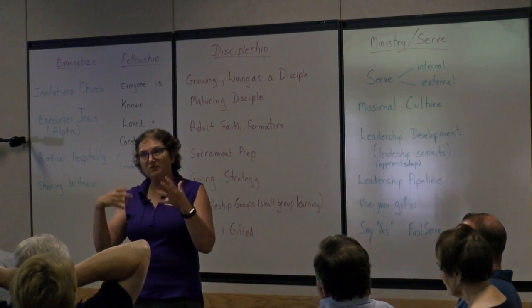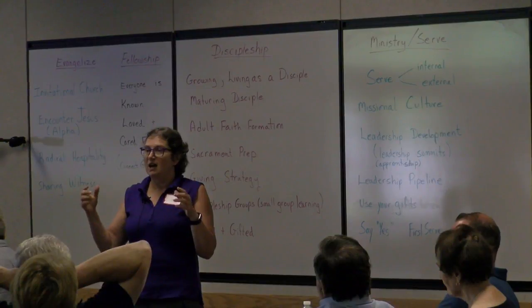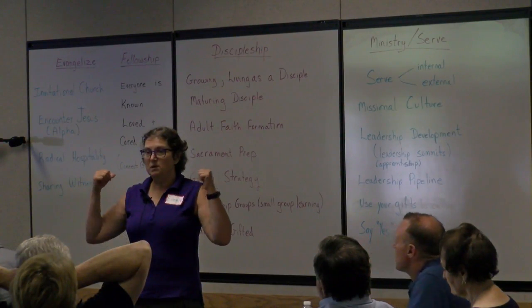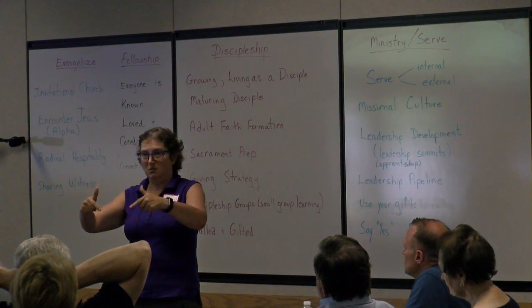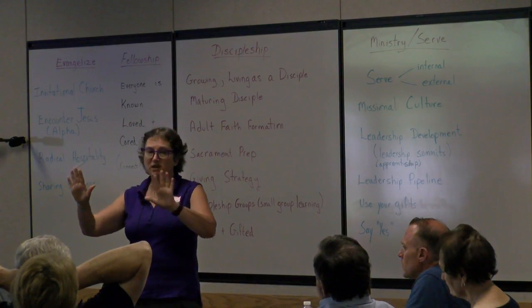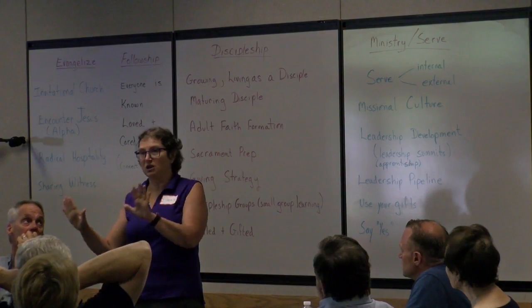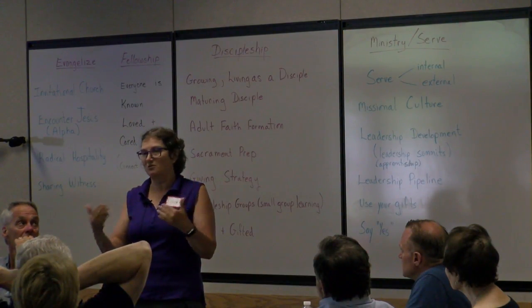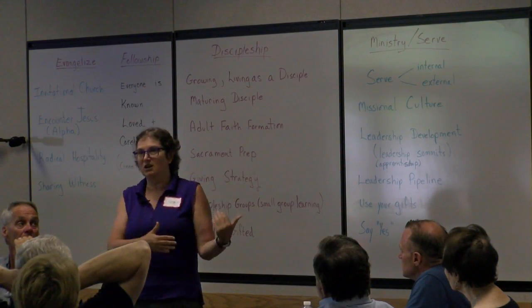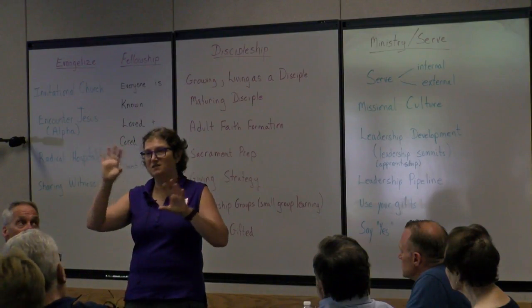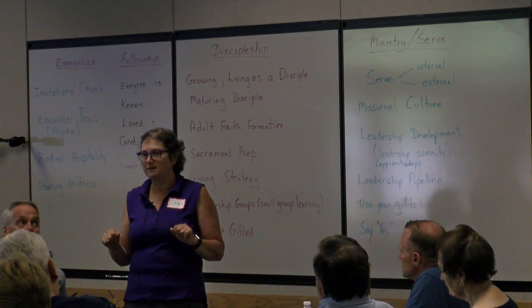As people graduate from Alpha and want to join a Connect group, we said, please do not send us a young mom dealing with potty training, because her life issues and our life issues are different. So we found that matching people up by life stage helped.